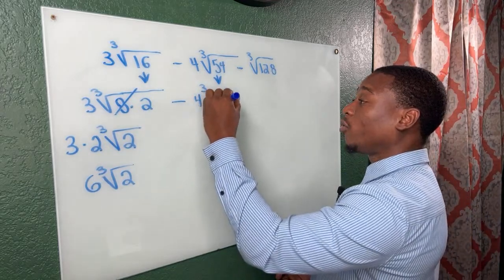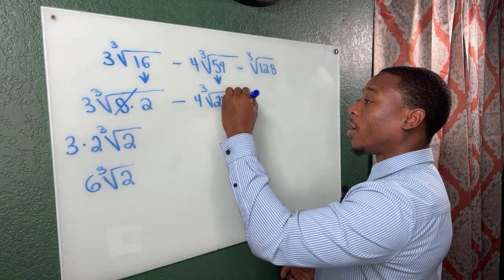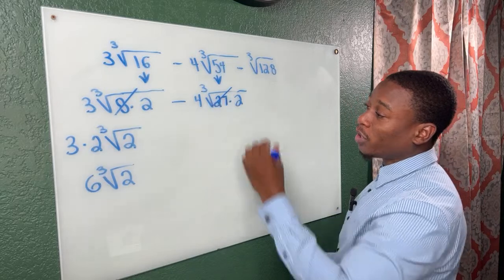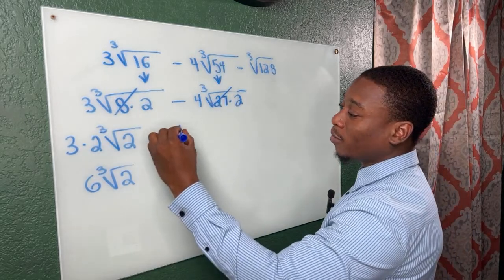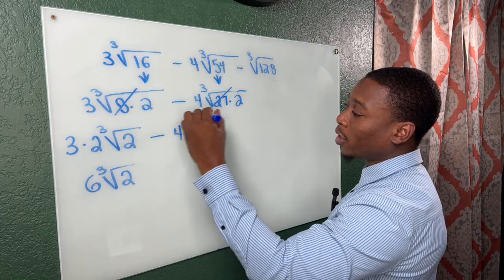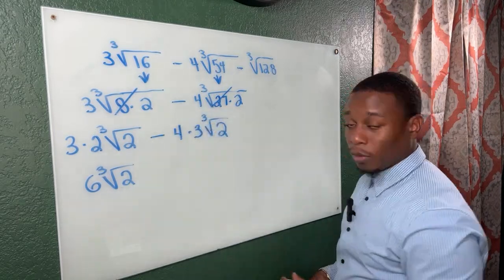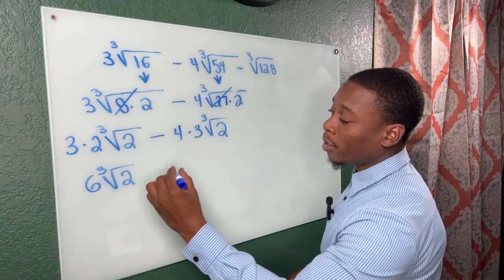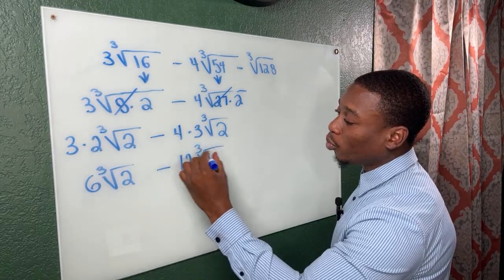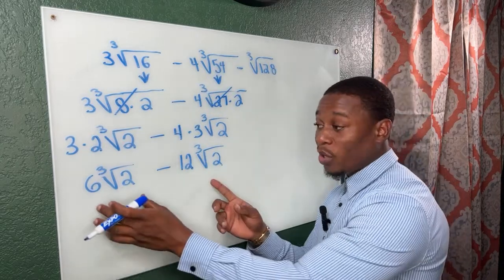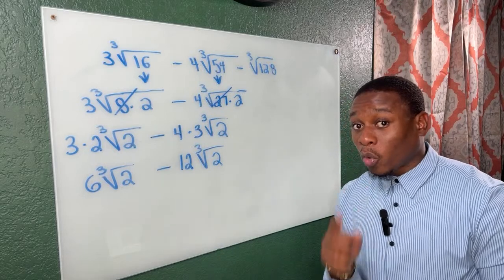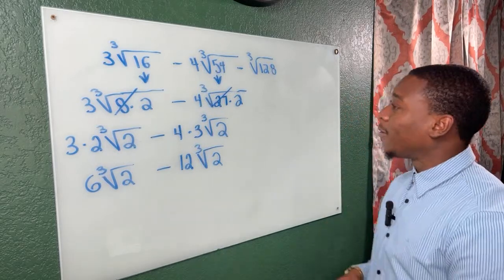So now I have the cube root of 27 multiplied by the cube root of 2. There's only one perfect cube here, which is 27. So we have minus 4 times the cube root of 27, which is 3, times the cube root of 2. Now when we simplify, this is minus 12 times the cube root of 2. And right now we notice that these have the same number under the radical. So we definitely are going to be able to add and subtract.